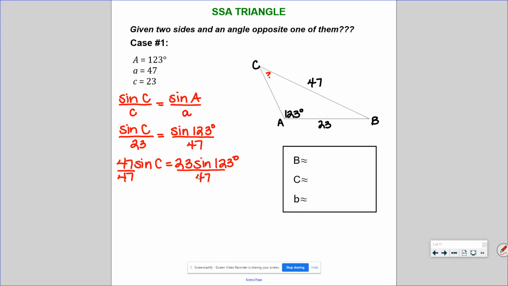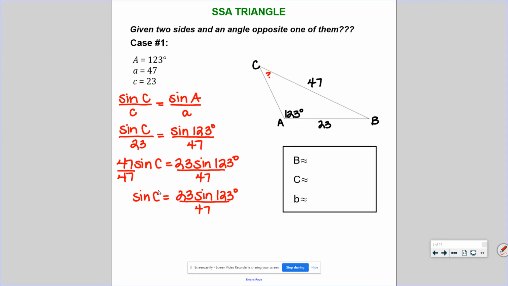Okay, now there's going to be an additional step. So watch me. Right now what I have is sine of C is equal to 23 times sine of 123 divided by 47. I'm not real sure what that actual number is. I'm not going to type it in the calculator yet because there's going to be another step.